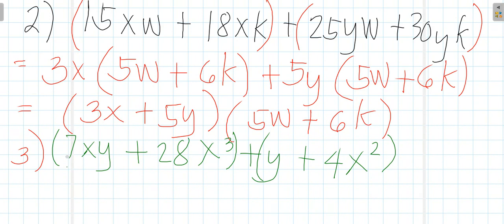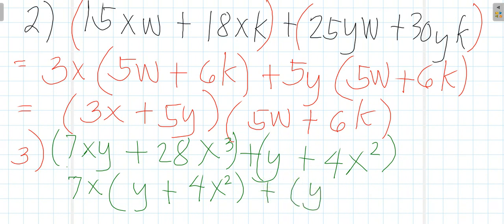We have 7 and 28x, the common factor is 7x. Okay, 7xy divided by 7x equals y plus 4x squared. Plus, so we just copy this one because there's no common variable. And here, the numerical coefficient is 1.